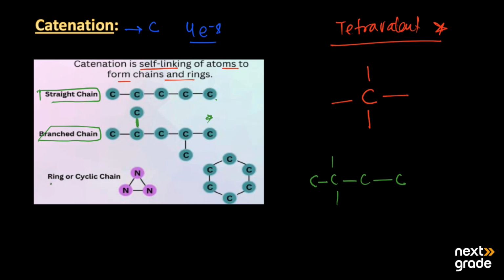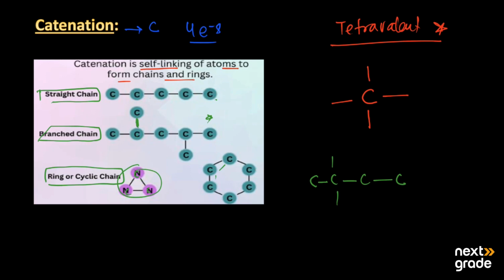On the other hand, carbon atoms can make rings, or cyclic chains, such as a hexagonal structure. So the self-linking property of carbon is mainly known as catenation.